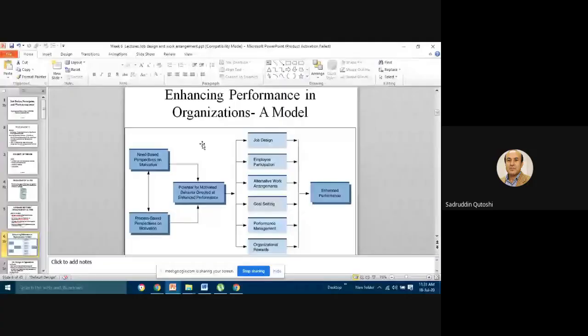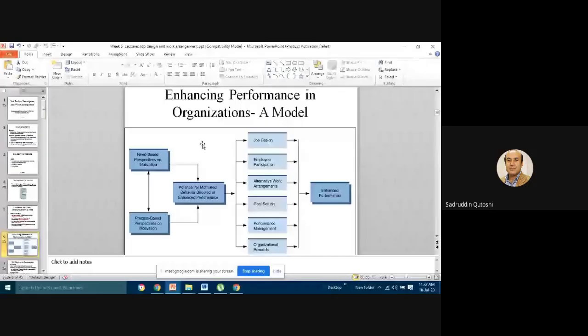In between, you can see how motivation comes. Motivation comes through need-based perspectives. When you talk about motivation, that is a need-based perspective. You have to look at the concept of motivation in the light of need-based perspectives, and at the same time process-based perspectives on motivation.